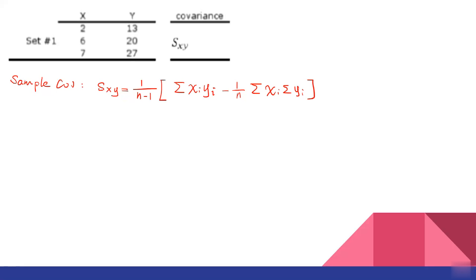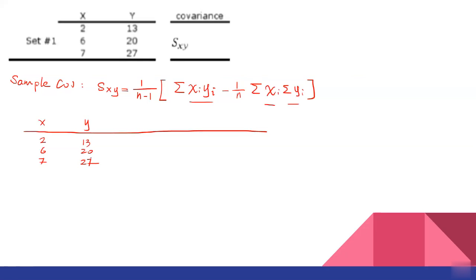Okay, so here we need to find the sum of the product of x and y, and sum of x and sum of y. So let's list the table here. Okay, we have x and y.